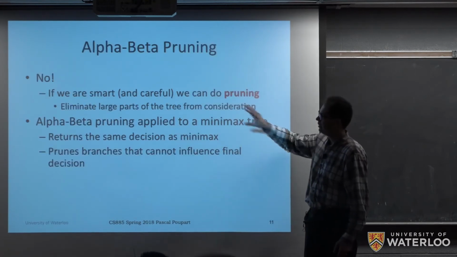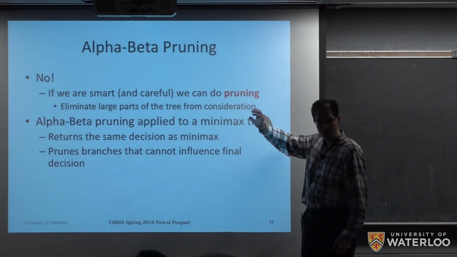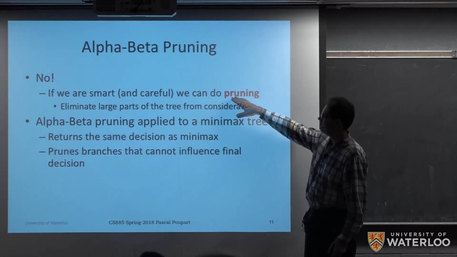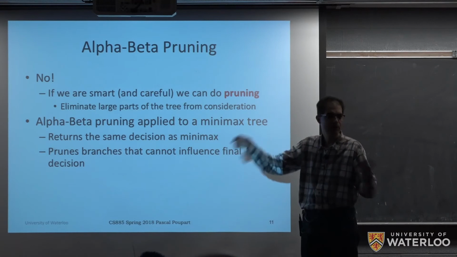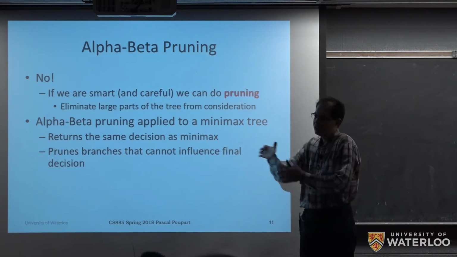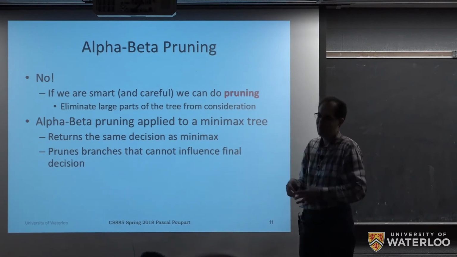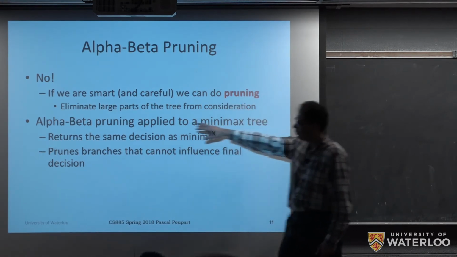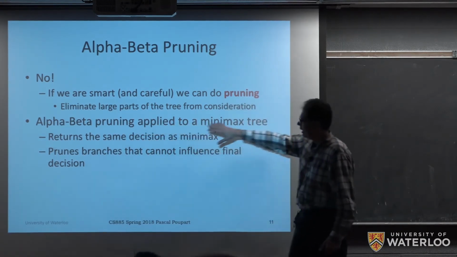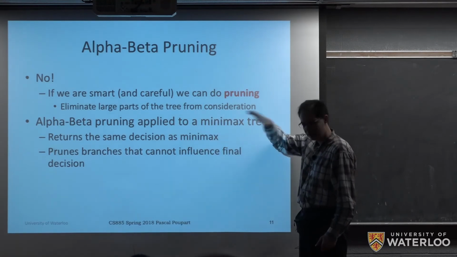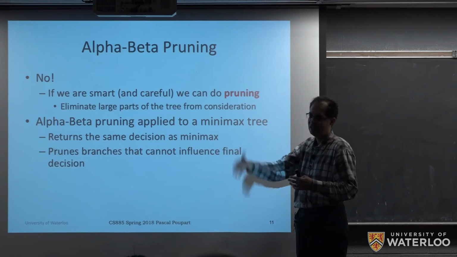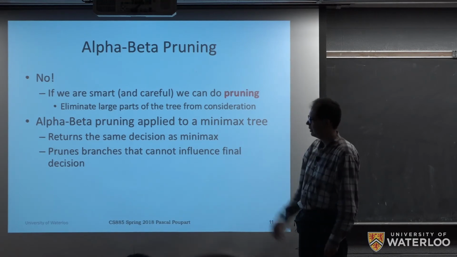So we can do something that's a little smarter. If we're careful, we can actually prune some large parts of the search tree that are essentially suboptimal. For doing this, there's another approach known as alpha-beta pruning that can work with the Minimax search tree and cut off branches that are suboptimal.